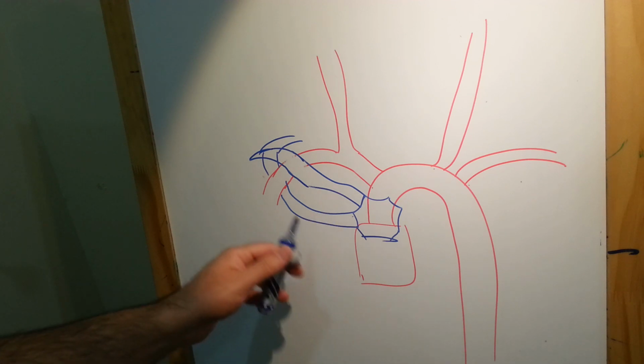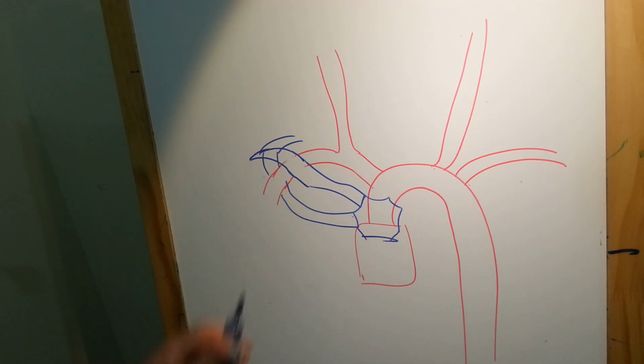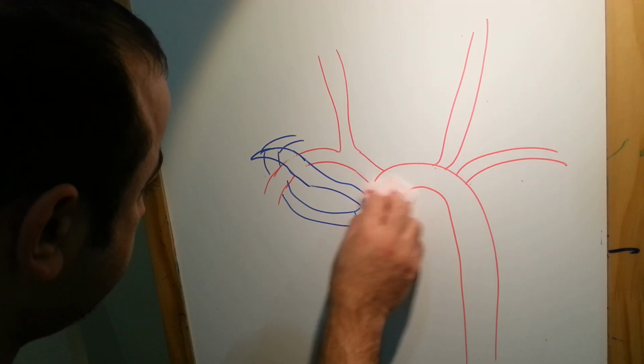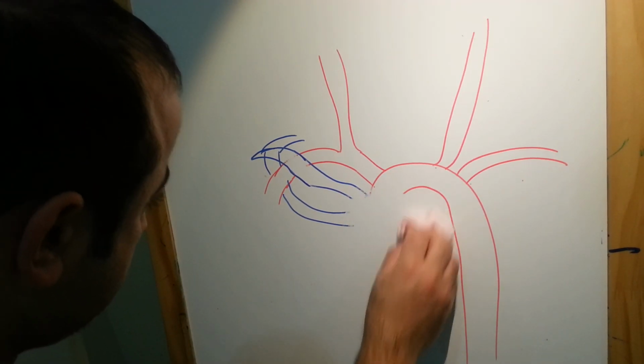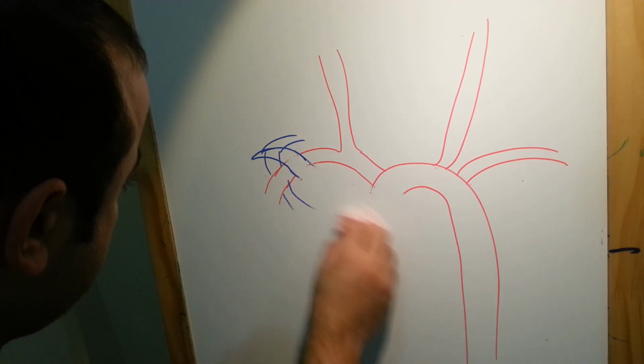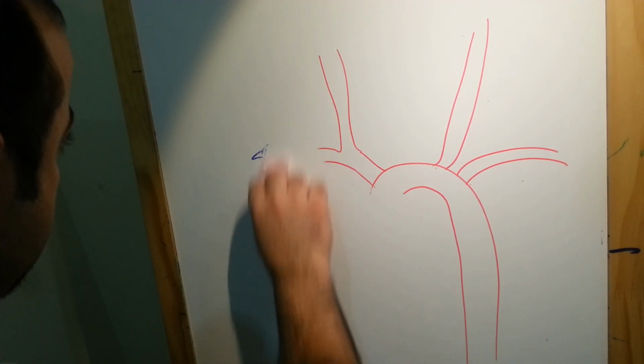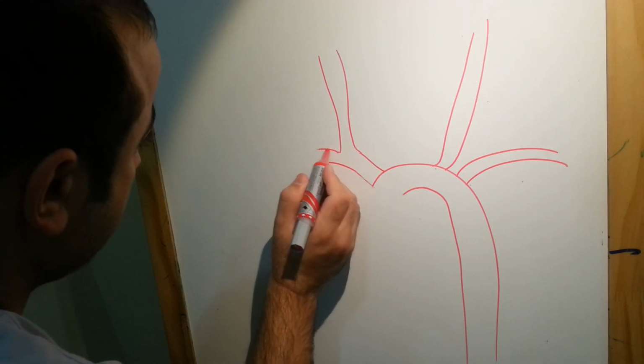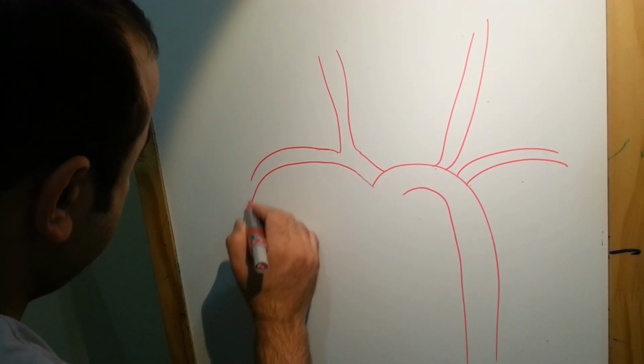Now I will delete the bone and go back to the subclavian artery to talk about the branches. Okay, this is the right subclavian artery.